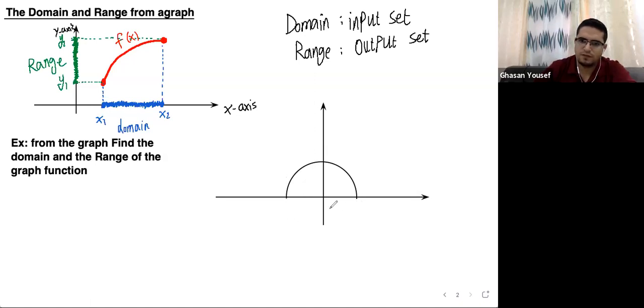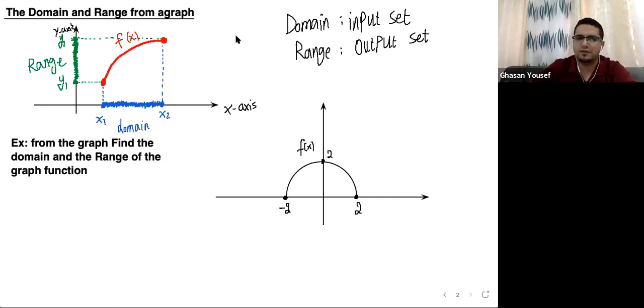My graph is half of a circle. This is my function, f of x. Such that this point here is -2, and this point here is +2, and also here is 2. The question is find the domain and the range.